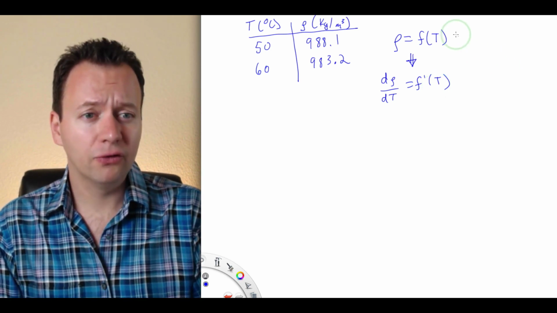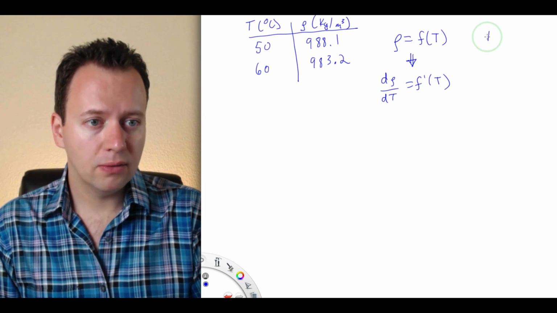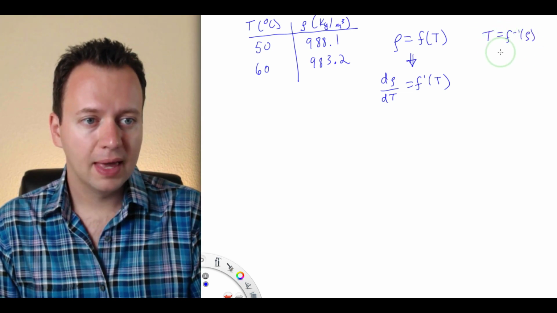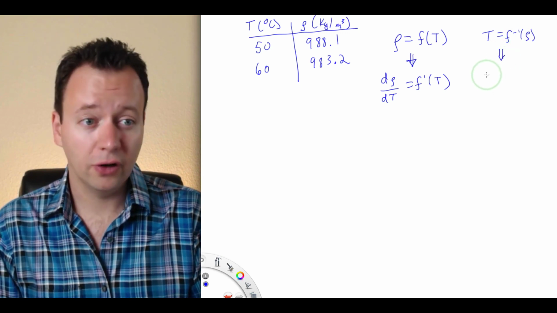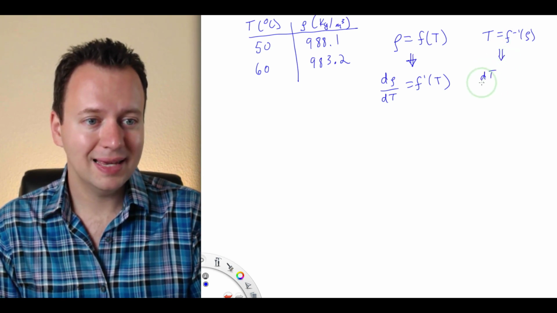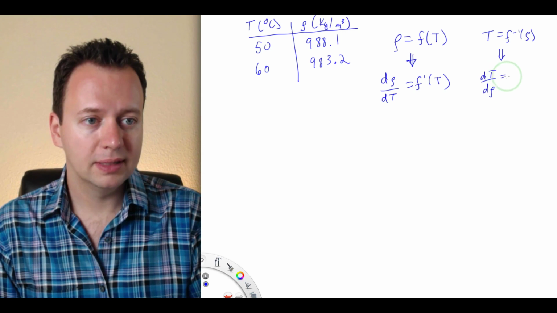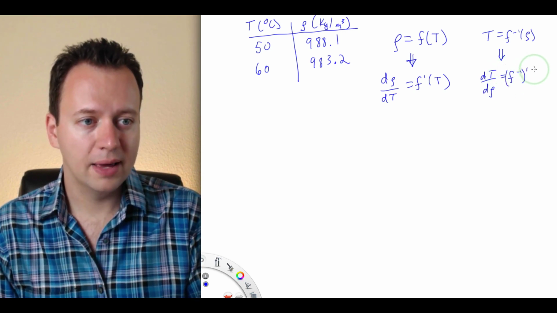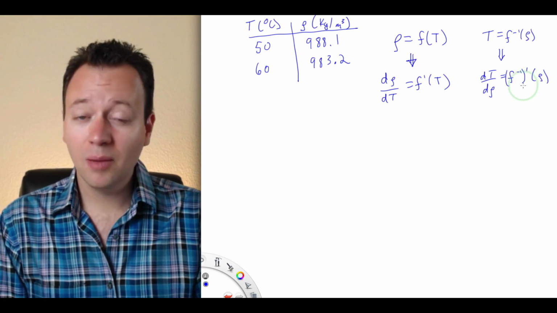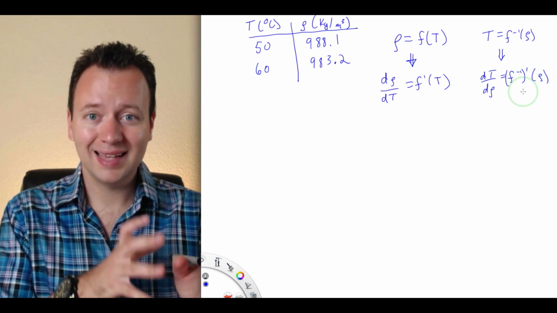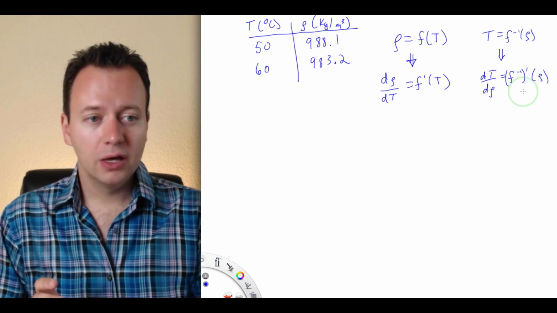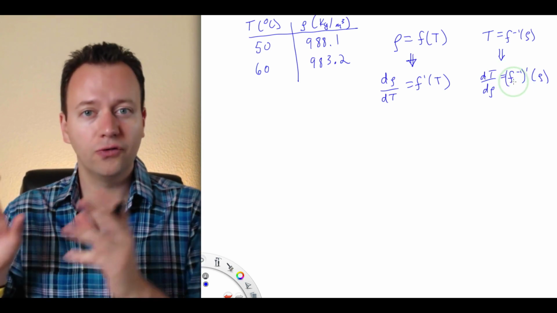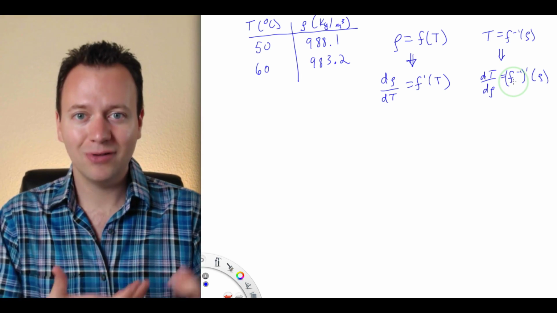Now, if we look at the inverse of this function, we obtain t is equal to f inverse of rho, and then differentiating the inverse function, we get dt d rho is equal to f inverse prime of rho. Now remember, this prime is acting on the function f inverse. So f inverse itself is just a function. It's no different than the function f, it just has the name f inverse.